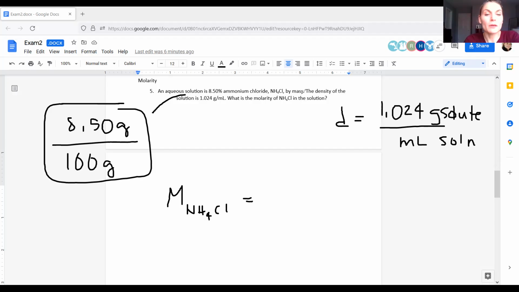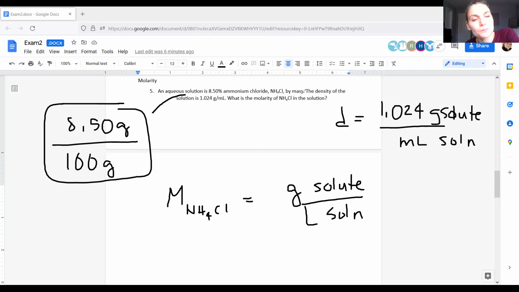Our molarity will be found as the grams of our solute over the milliliters or the liters of our solution. So we can use both of these pieces to our advantage to try to figure out these numbers.